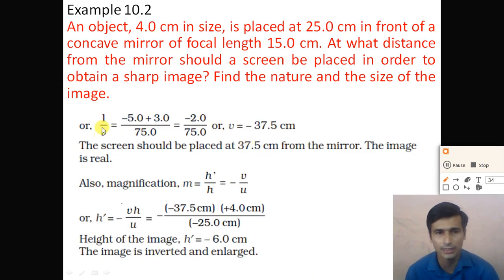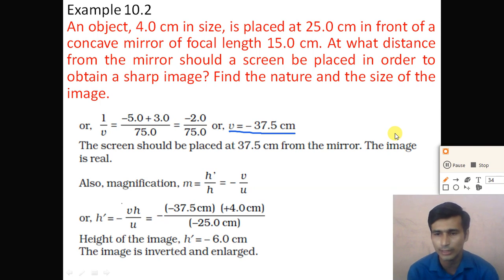So 1 by v is equal to minus 5 plus 3 divided by the LCM 75. So we get minus 2 divided by 75. So 1 by v is equal to minus 2 by 75. So the image distance v is equal to minus 75 divided by 2, so we get v is equal to minus 37.5.